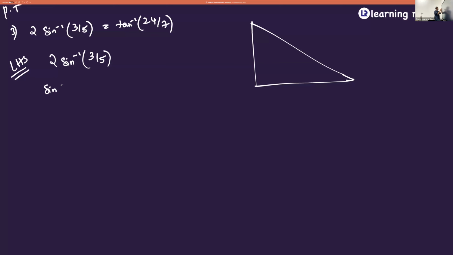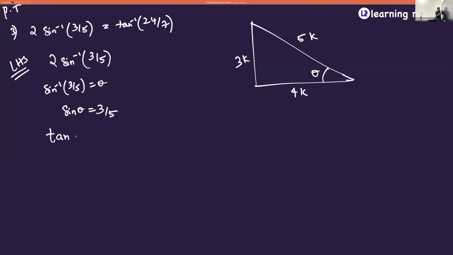You can take sine inverse of 3 by 5 as theta. If you take it, then sine theta is equal to 3 by 5. So if I take this to be theta, this is 3, this is 5, this is 4, put a k here. So sine theta is 3 by 5.